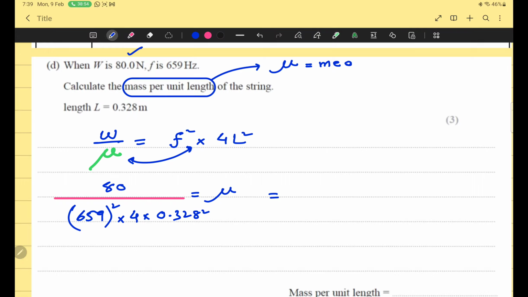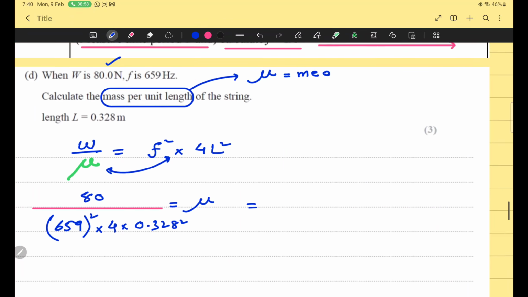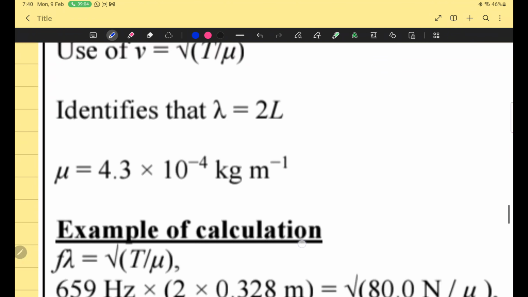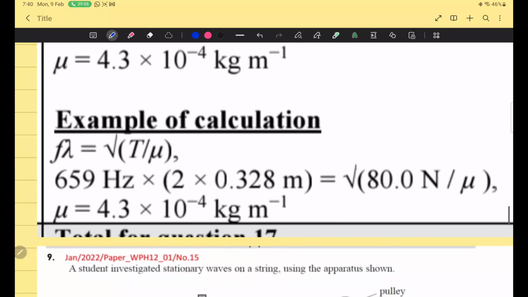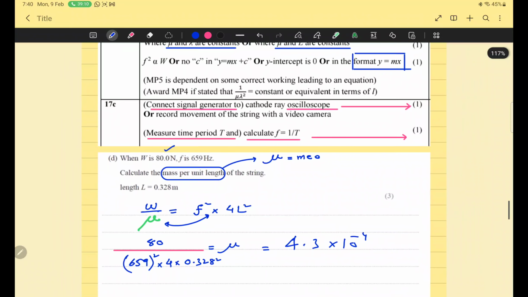And if you solve by calculator, then the answer will be 4.3 exponent minus 4. Okay, so you can use any form of equation, but the final answer will be 4.3 exponent minus 4.